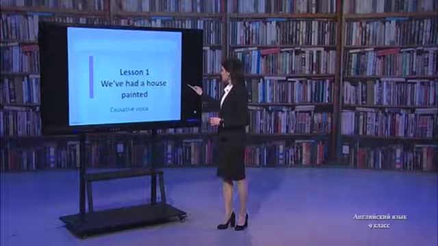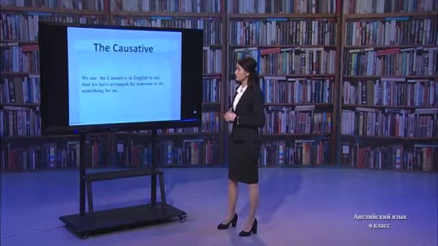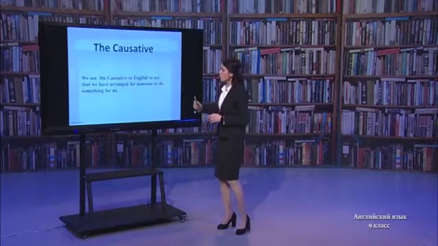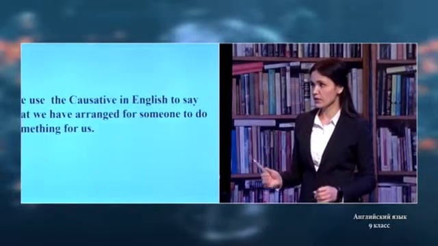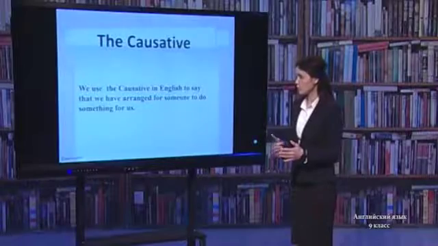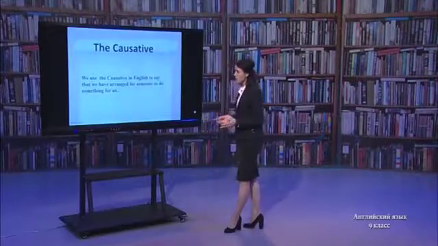Let me give you a definition of the causative voice. We use the causative voice in English to say that we have arranged for someone to do something for us, not for themselves.